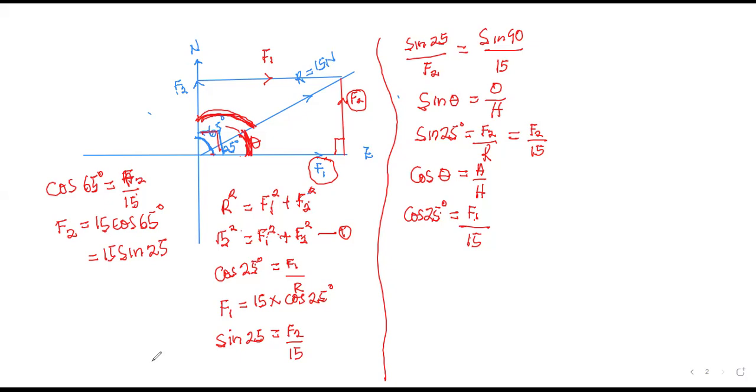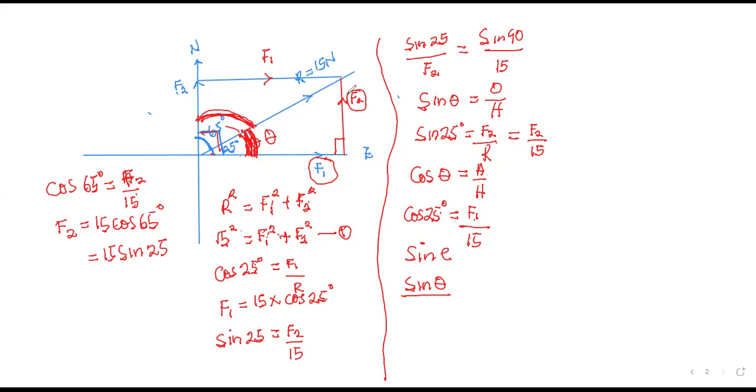Sir, please, another question. How did you get sine 25 over F2 is equal to sine 90 over 15? The sine rule. If you have any triangle, the ratio of the sine of the interior angles to their sides. If this is the angle theta, then I take sine of theta and divide it by the side of the triangle which is opposite to the angle.